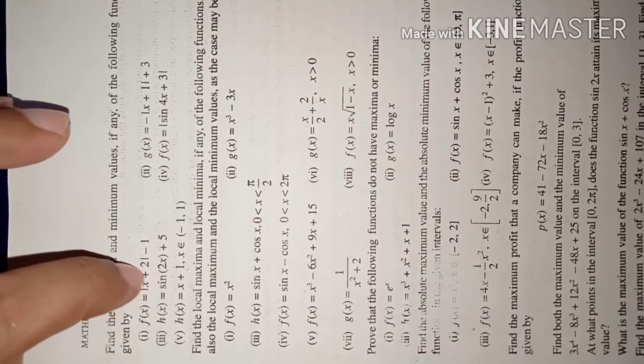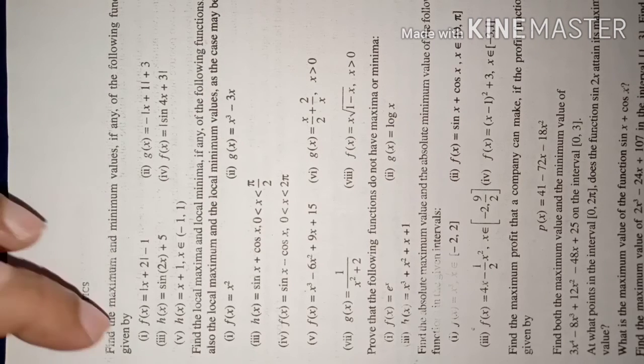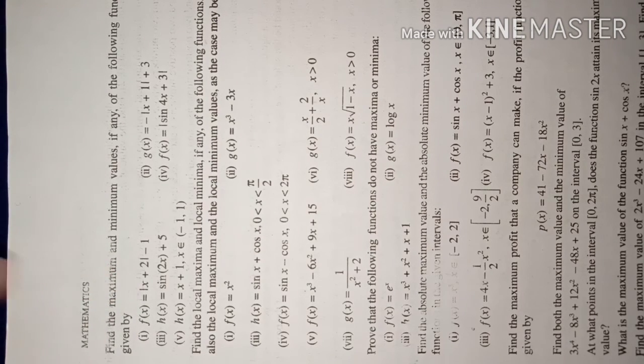So the minimum value of mod x plus 2 is 0. That means this function can have a minimum value only, for which x plus 2 will be equal to 0. So we will take it that way.